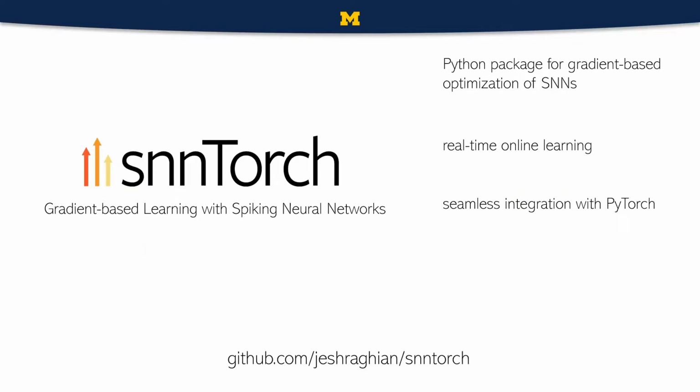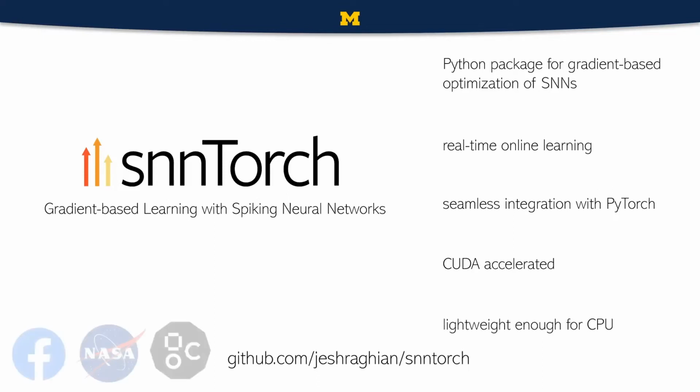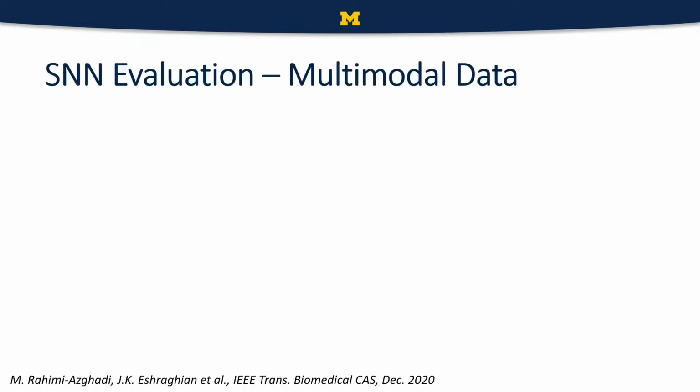If you know PyTorch, then you already know how to use snnTorch just by extension. It's CUDA accelerated, but it's also lightweight enough for CPUs. A couple of startups, and maybe you've heard of them, are currently using it as well, which is kind of cool. Far right, we're collaborating with Graphcore, a semiconductor company currently building chips that are specifically tailored for snnTorch, which is pretty cool.